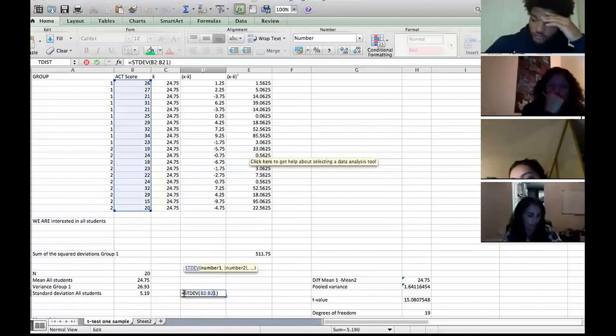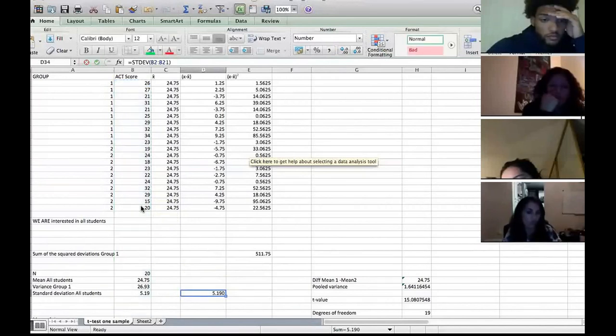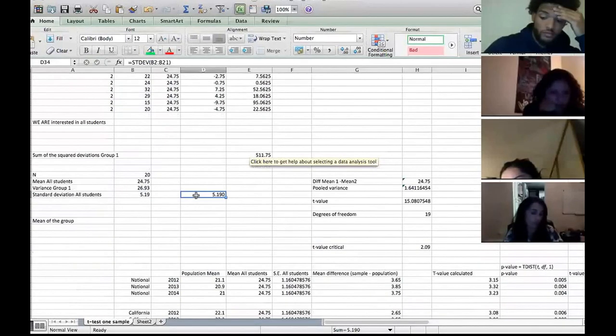But here, if you say stdev as the command in Excel, and then give the range, this blue field here, you could highlight B2 towards B21. That gives you the standard deviation. So this is a short form for all the other stuff that I did here. You don't necessarily have to do all this. This is just to make it explicit and for you to see where it comes from.